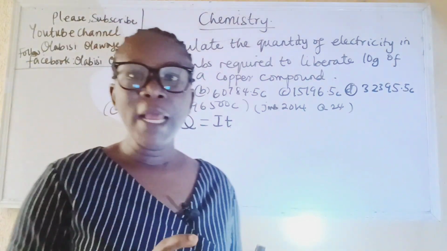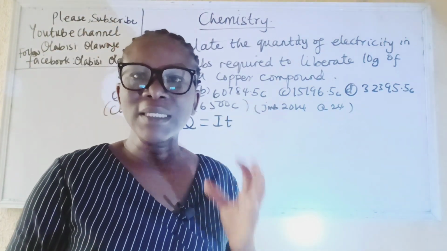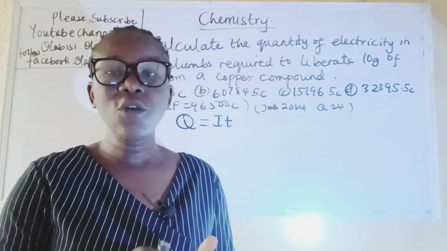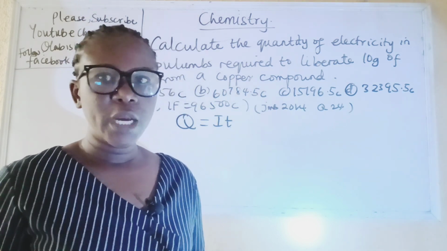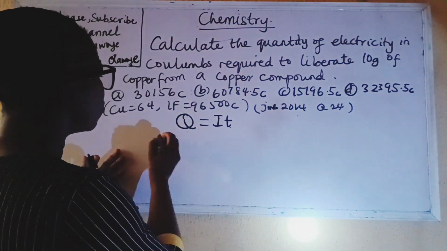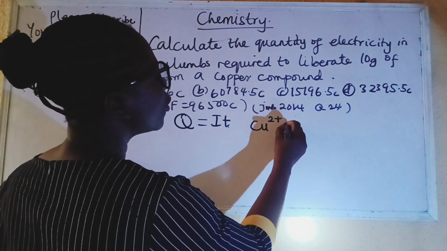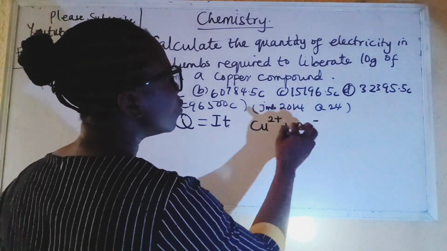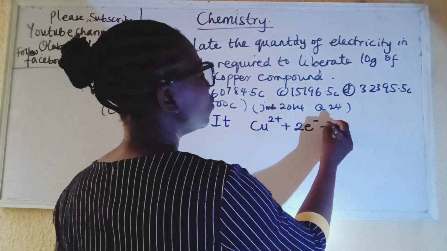And in electrolysis, it requires a certain quantity of electricity for an element to be discharged. So in this case now, we can still write the half reaction since it's involving copper. Copper carries +2. It goes to the cathode because it's a positive ion going to the negative electrode, which is the cathode, to pick up electrons.